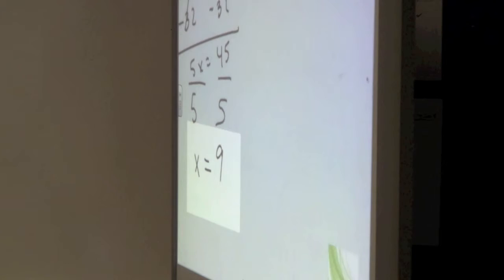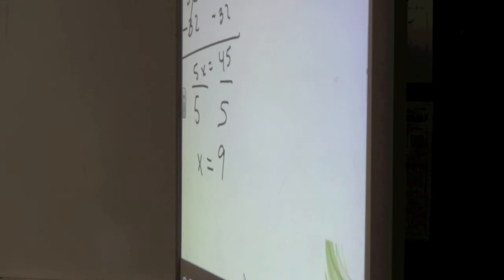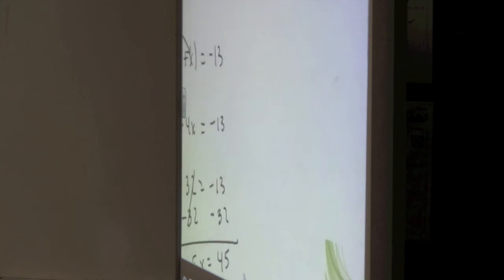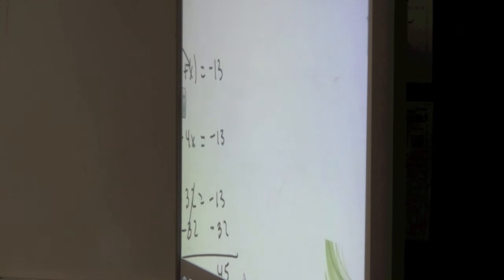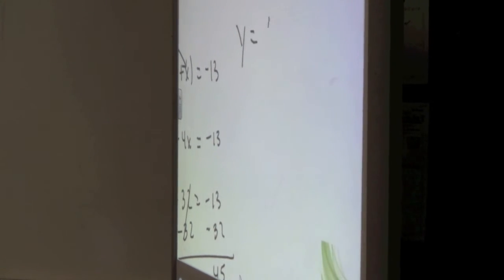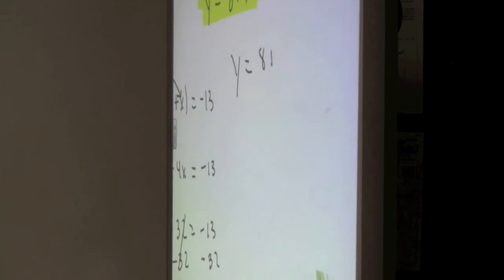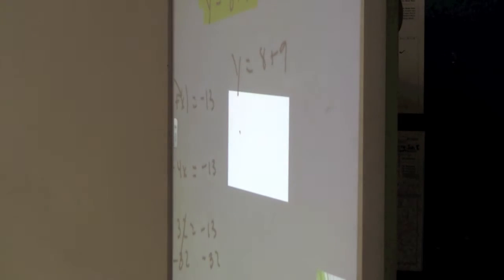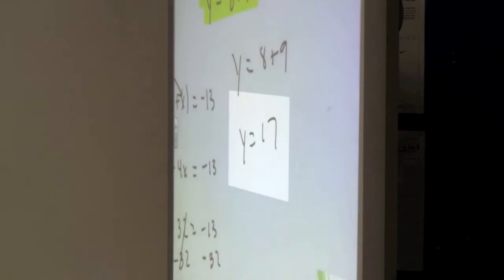So now that we found x, we go back and put it into our y. So y equals 8 and x equals 9. And 8 plus 9 is 17, so y will give you 17. And that's your answer.